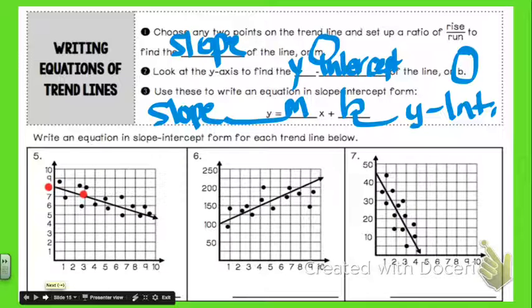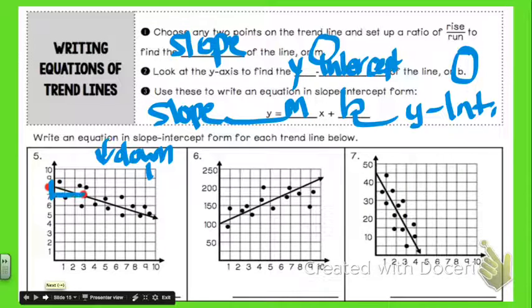If we're going to do a rise over run, and because this is negative, I'm going to fall down. So I'm going to fall from 8 to 7, and that means I'm going to go down 1. So I'm going down on my Y 1 place, and I'm running from 0 to 3.